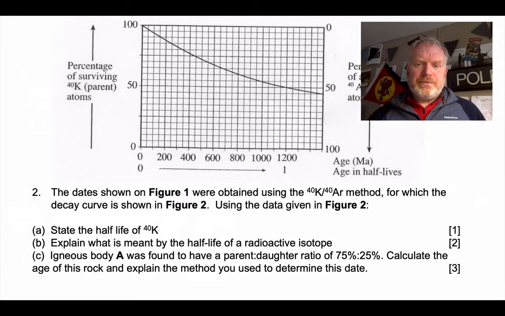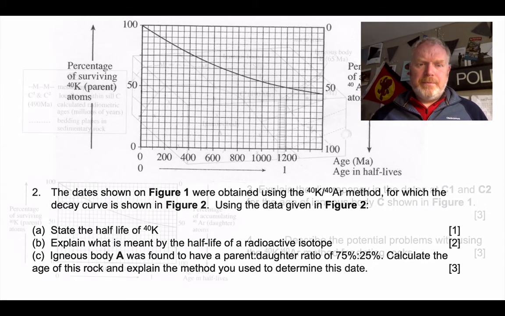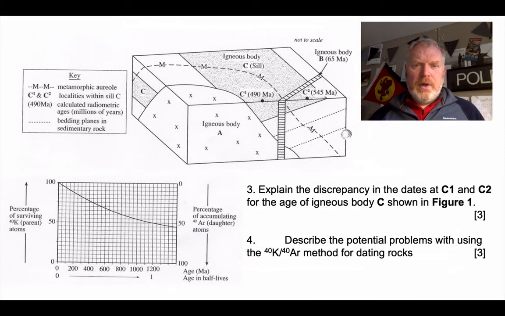We then need to work out some ages of these rocks. If you notice then the dates for location C1 and location C2, both of them in igneous body C, there's a difference between them.